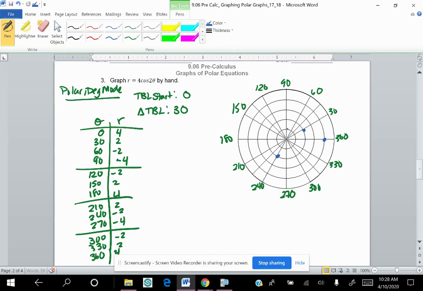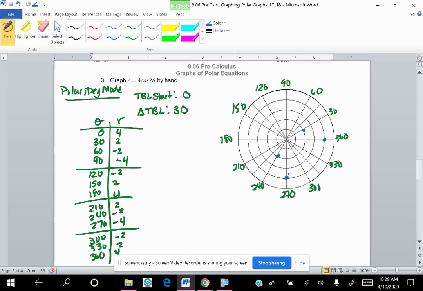So again, 90 is this line right here. But since it's -4, we want to go in the opposite direction, not towards that 90 up there, but away from it. So 1, 2, 3, 4 on the 270 line. So plotting 270 and 4 would be the same thing as plotting -4 and 90.